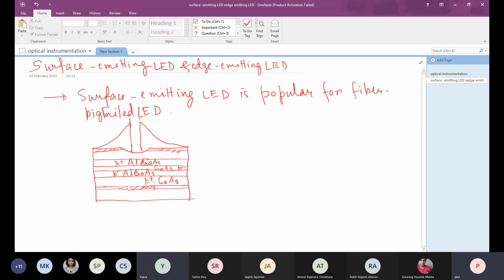So this is the optical fiber, where the light is guided.